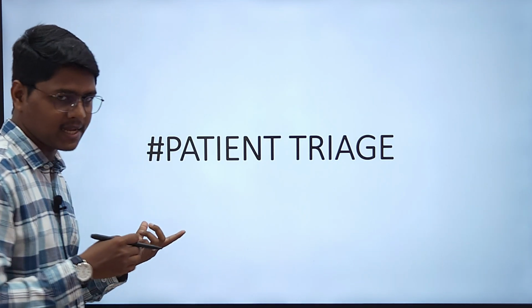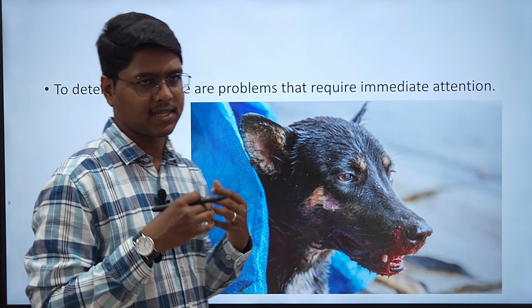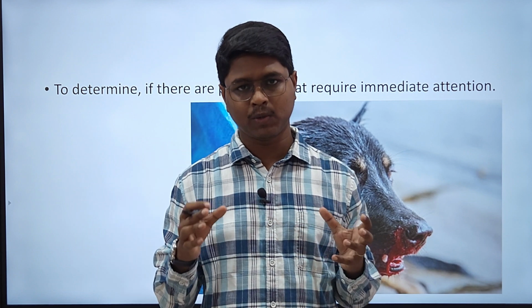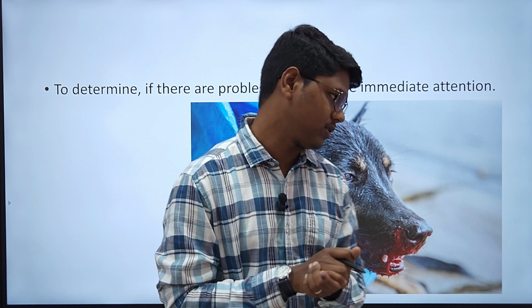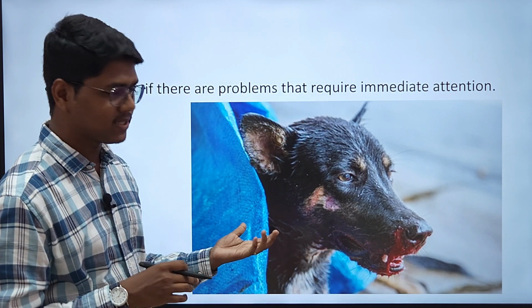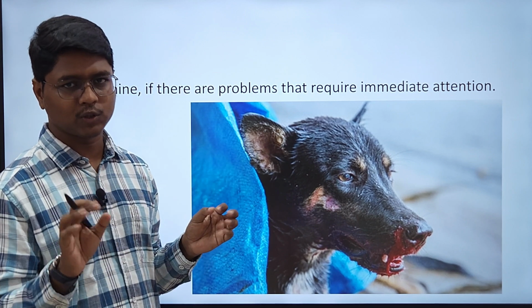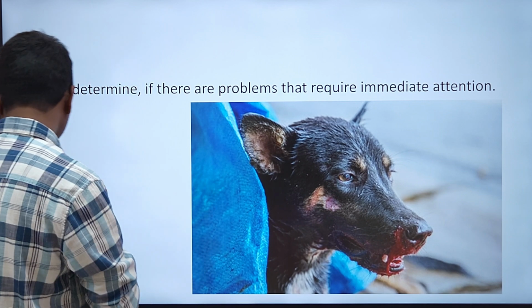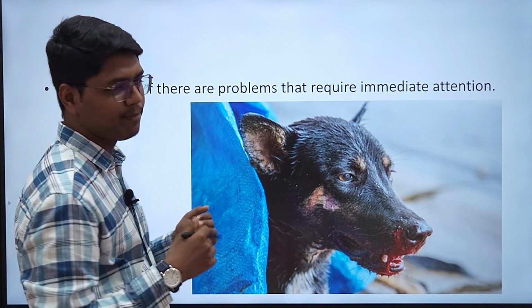First one is patient triage. It simply means that while assessing a patient from an orthopedic point of view, suppose a fracture came to your clinic or hospital or college, first you have to assess whether anything is present that is more important than the orthopedic assessment, to determine if there are problems that require immediate attention.